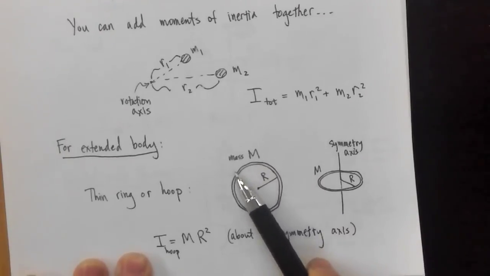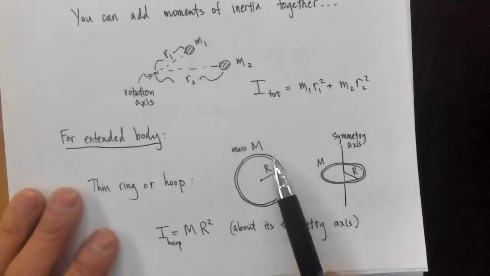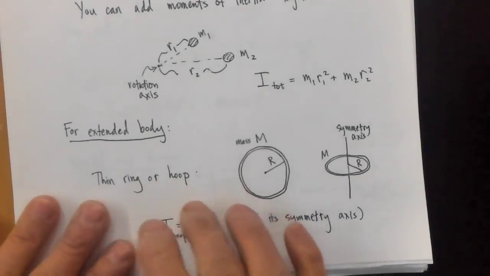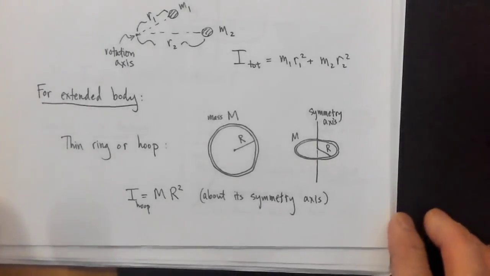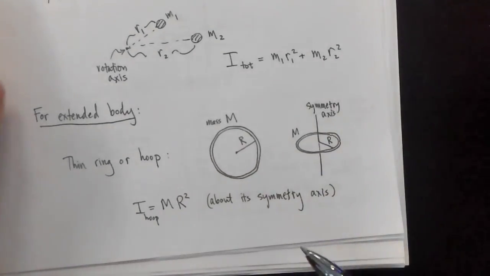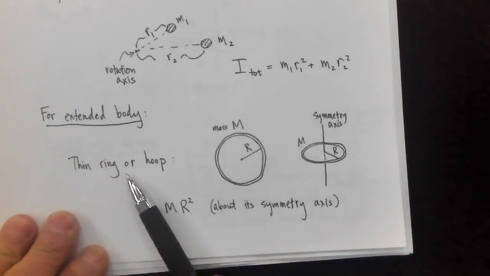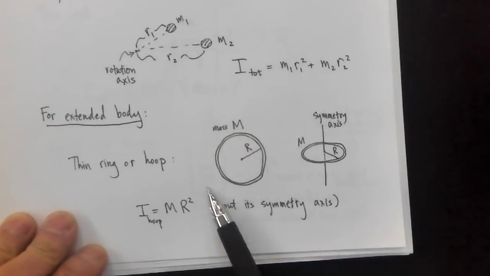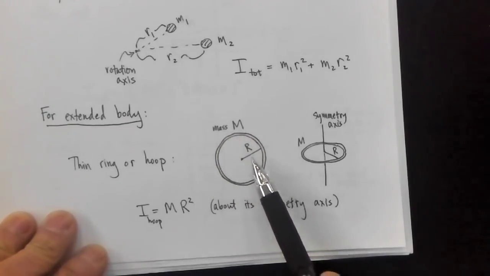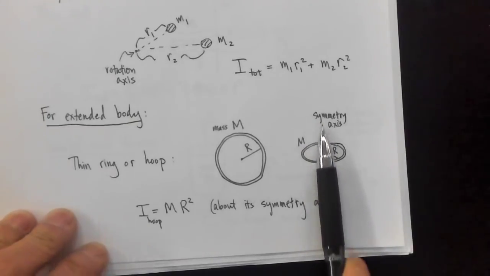Now if we have an extended body, then we can calculate the moment of inertia by breaking it up into all the little pieces. But for very simple or very common cases, we have these formulas and they're on your equation sheet. For a thin ring or a hoop, where all the mass is only on the edge of this circle, with a radius r and a mass m, and the axis goes through the symmetry axis.